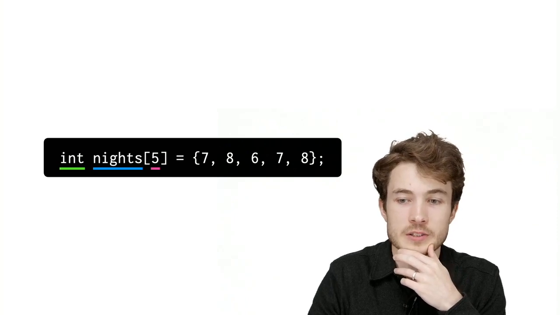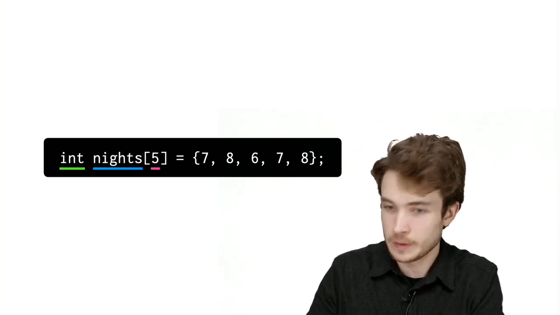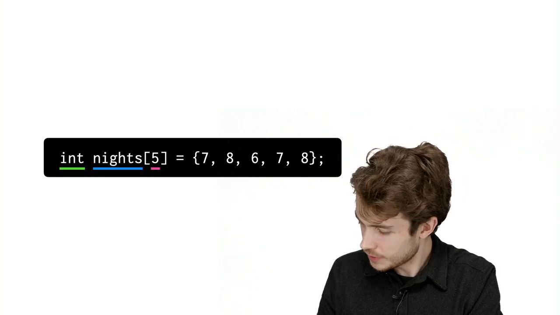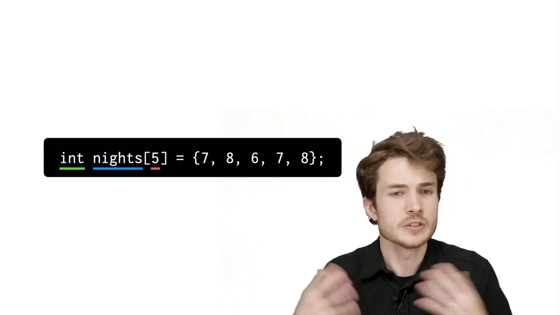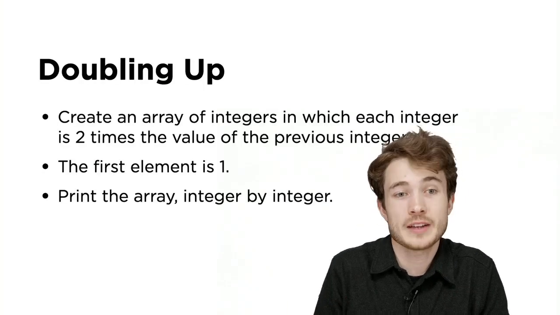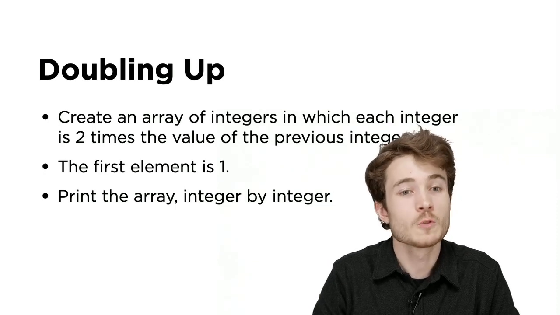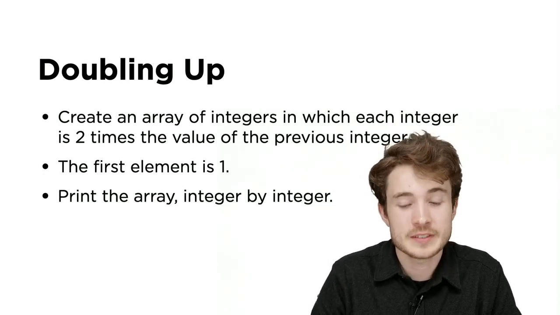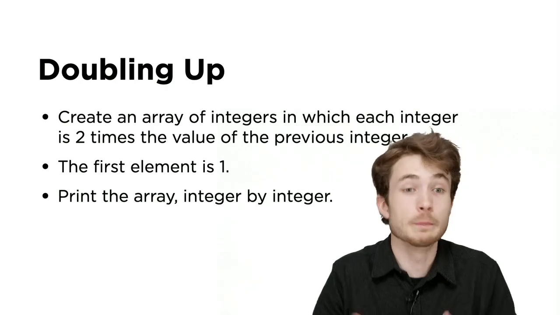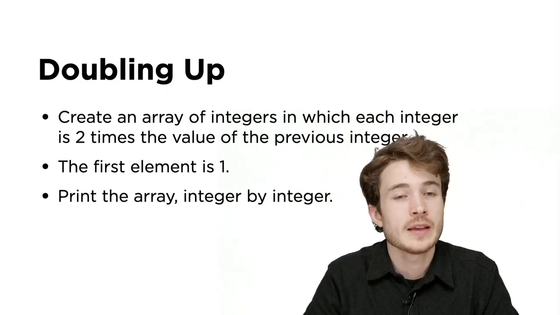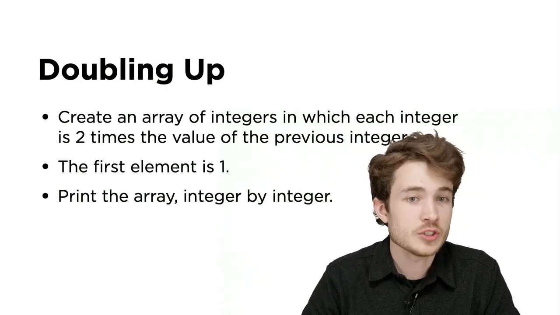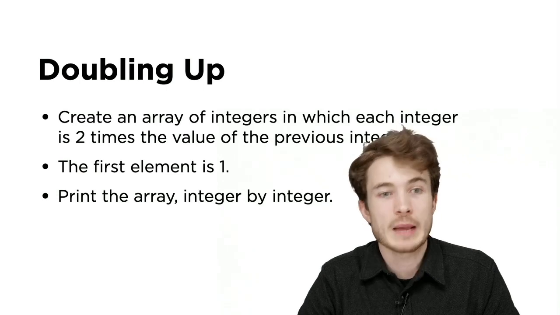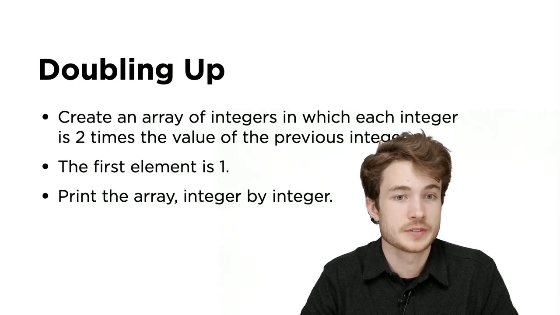All right. So I think that covers most of our questions here about arrays. So let's keep going. Let's actually get some practice using arrays here. We have a brief exercise in which you're going to write a program that builds an array of integers. We want it to be the case that each integer is 2 times the value of the previous integer.